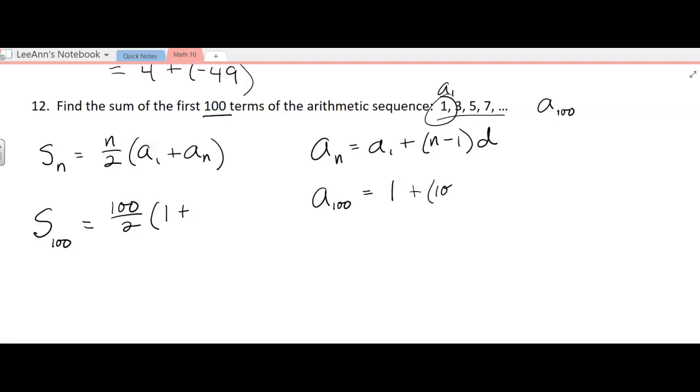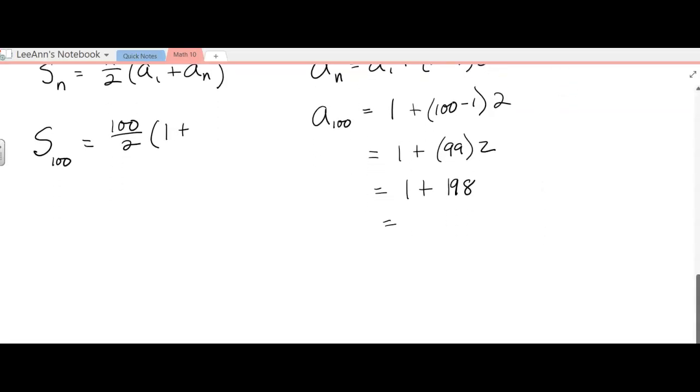Plus 100 minus 1 times d. Now, what's the common difference? What do you keep adding there? 2, right? Okay, so 1 plus 99 times 2, or 1 plus 198. Okay, and that's going to be 199. That is what a sub 100 is. That's the last term that we're adding up.